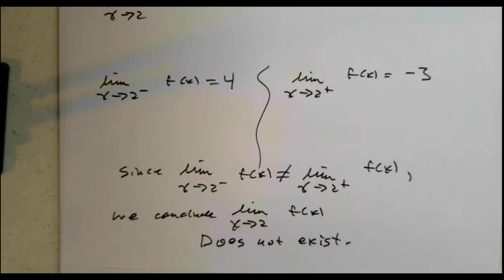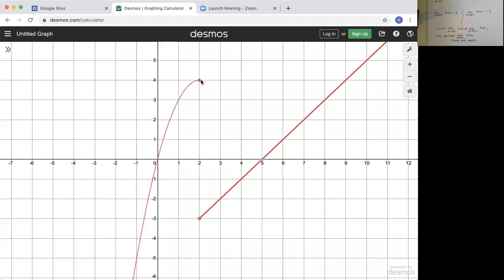And that'll tell us something about continuity. If the limit doesn't exist, the graph can't be connected. But notice we have a gap. It's more than just a hole. This is a gap. This is a special kind of discontinuity we'll talk about later.